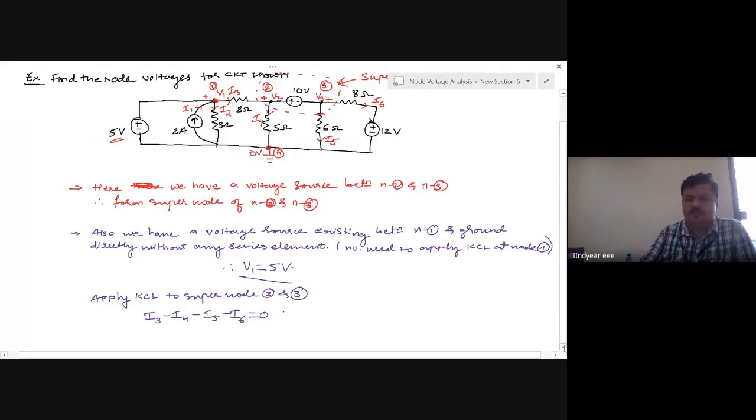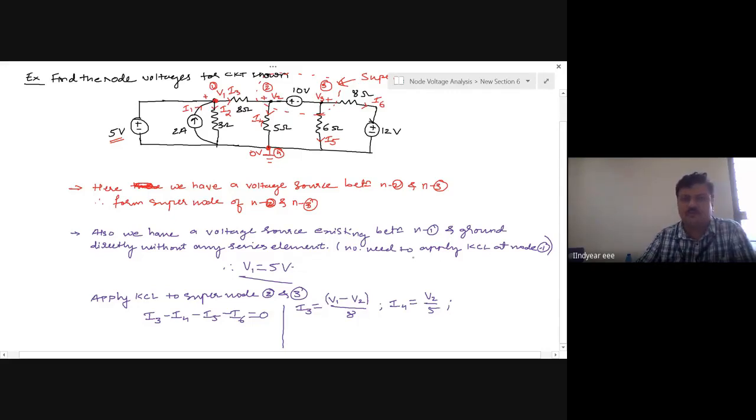Now we have to write the expressions for these currents. I3 is the current flowing from node 1 to node 2, so it is V1 minus V2 divided by 8. Then I4 is the current flowing from node 2 to ground, so it is V2 by 5. I will not write minus 0, it is understood.